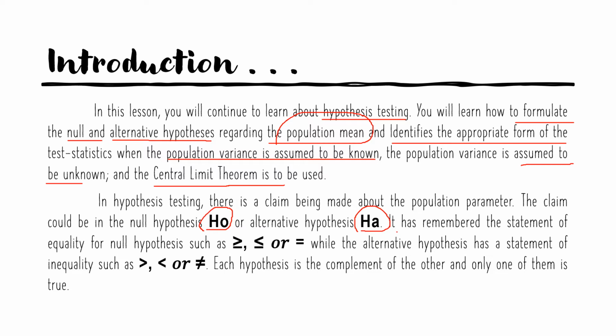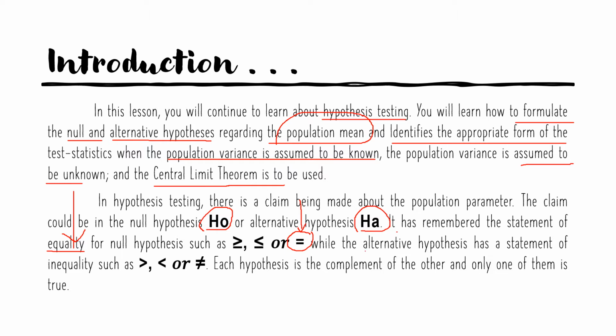Most of the time we only use the equal sign because your null hypothesis always represents equality. But there are times that we need to use your less than or equal to or greater than or equal to. But again, most of the time, we only use the equal sign to represent your null hypothesis.